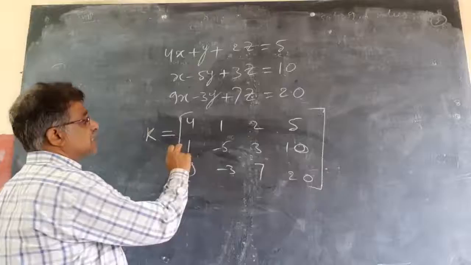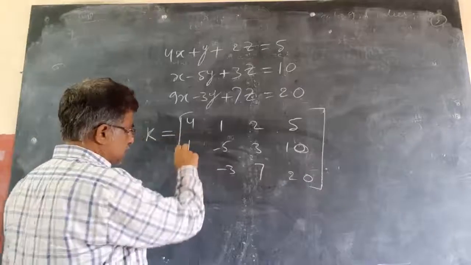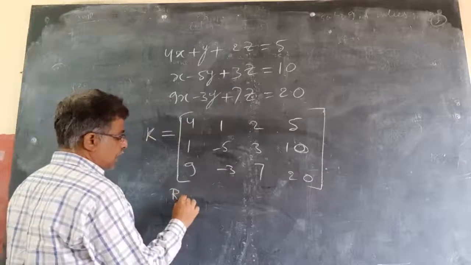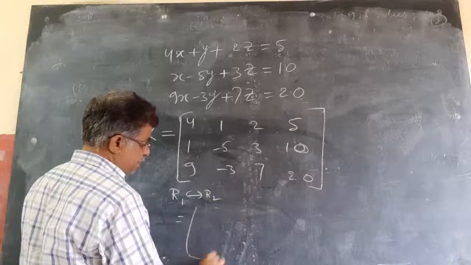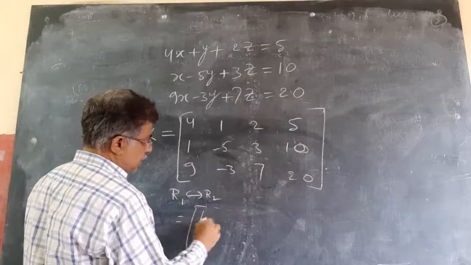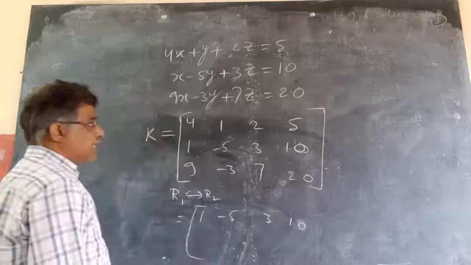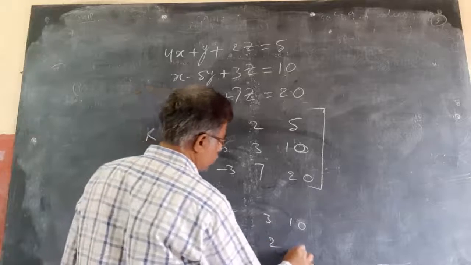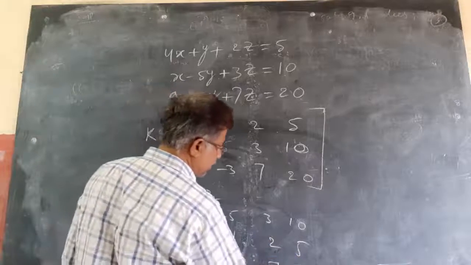For that, first I will interchange R1 with R2, because I will get 1 here and it will be easy for me to do the process. So the matrix is 1, minus 5, 3, 10; next 4, 1, 2, 5; next 9, minus 3, 7, 20.